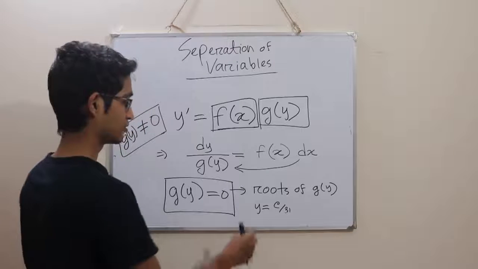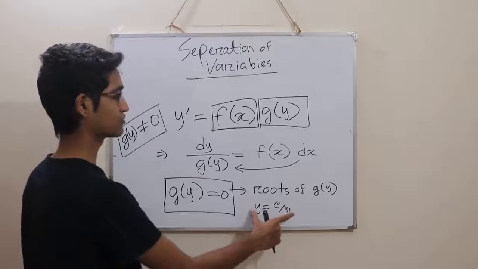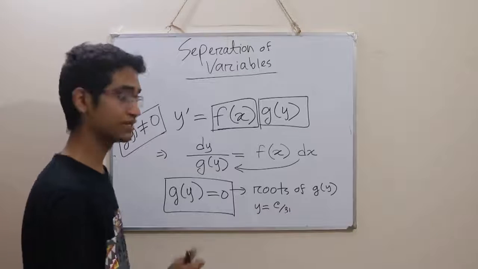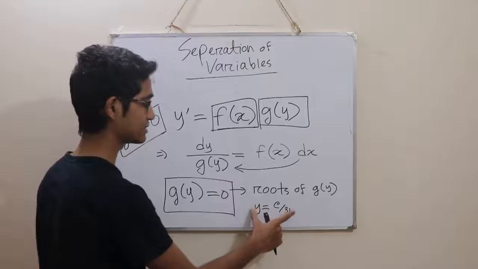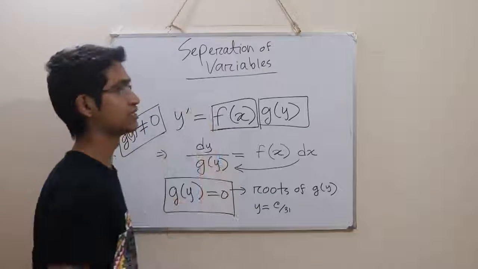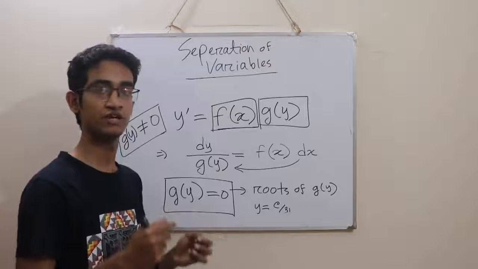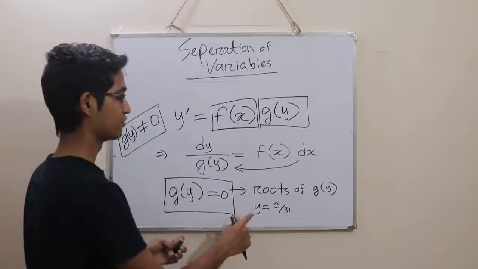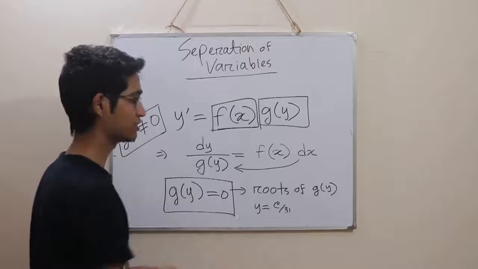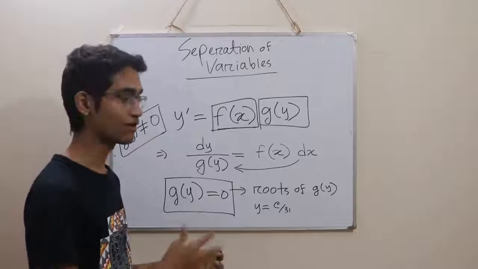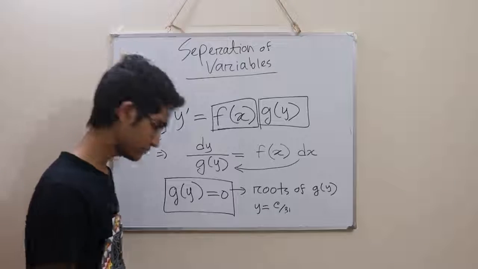But as we have already found this solution, if we add it to our set of solutions that the general solution gave us, then we will have all the solutions. This solution will not be lost. Even though it was lost in the process, we have found it in some other way.